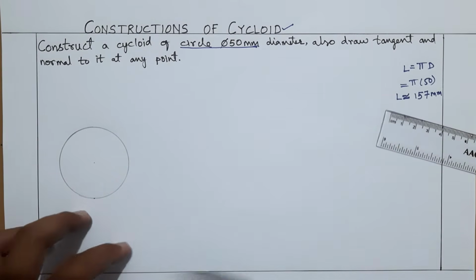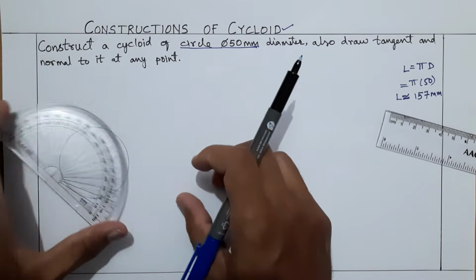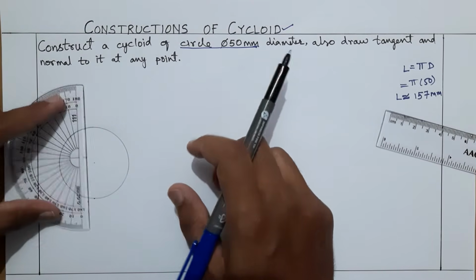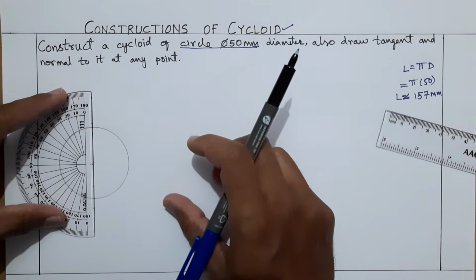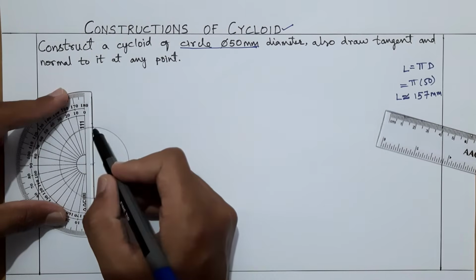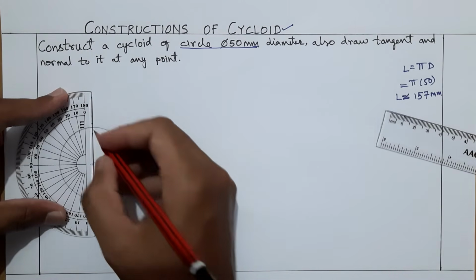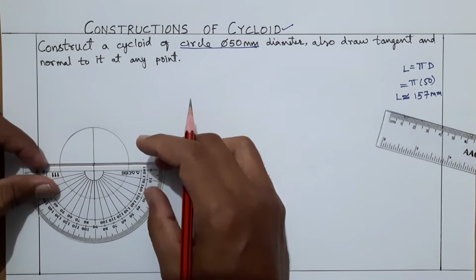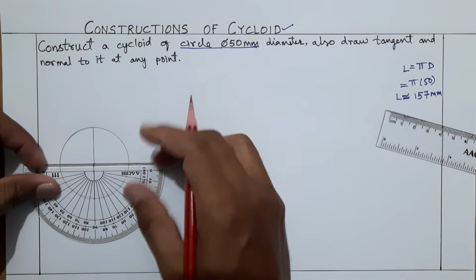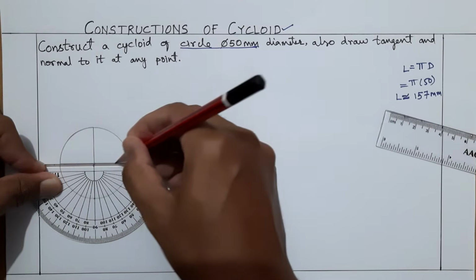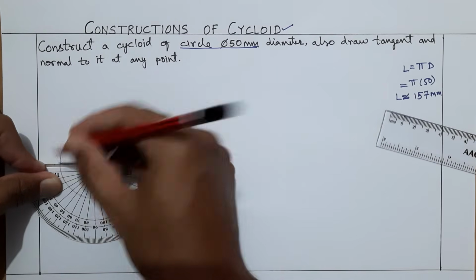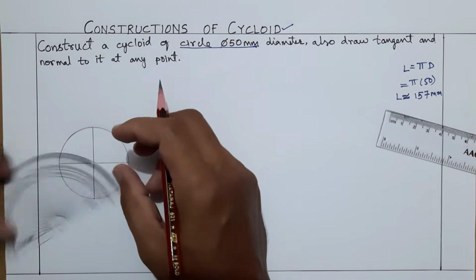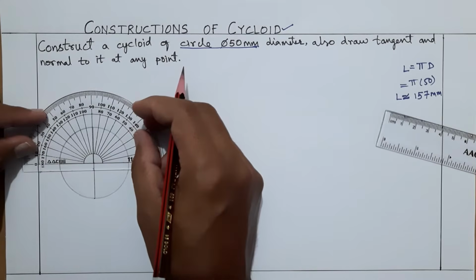Before drawing that straight line, we will divide the circle into either 8 or 12 equal parts. I will go with 8 equal parts from the center like this, and here you can take 45 degrees.